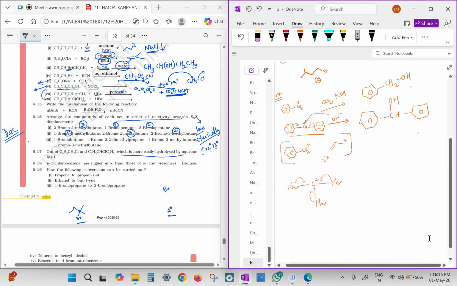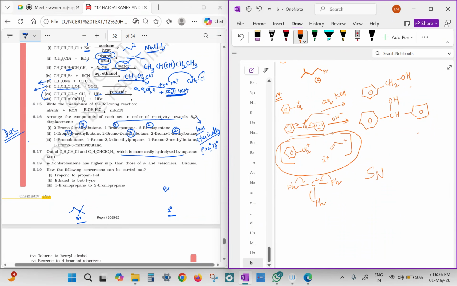Okay. Then next one. And even if they had asked you, they wouldn't put a question. Why? Because what mechanism is this? SN1 or SN2? SN1, ma'am. The moment there is a possibility of a carbocation, SN1.